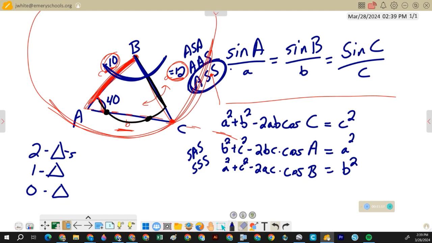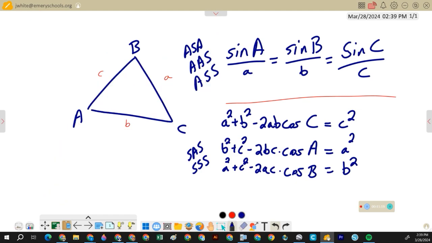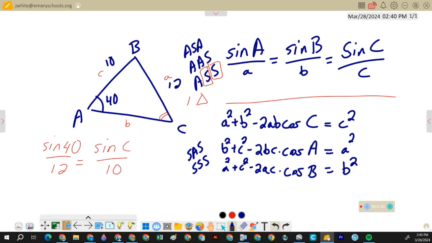So let me erase all that, and then we'll actually work this problem. So 40, 10, and 12. Whenever side 2 is larger than side 1, there is one triangle. That's it. And I want to find angle C. So the sine of 40 over 12 is equal to the sine of C over 10.